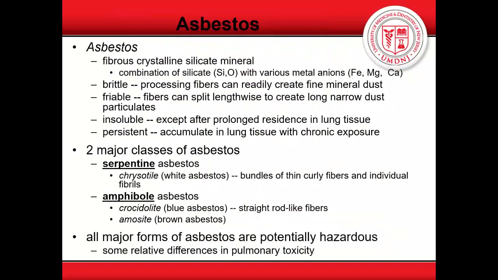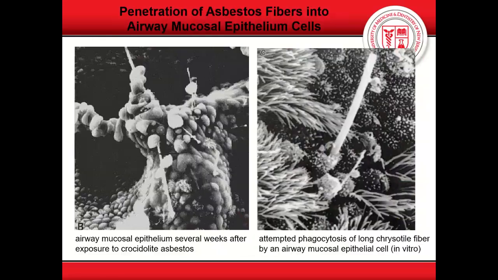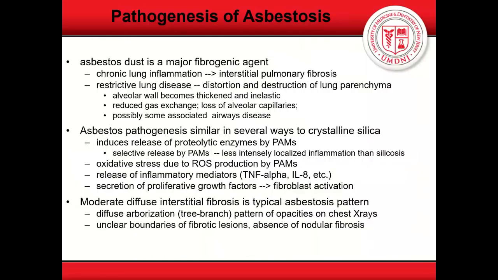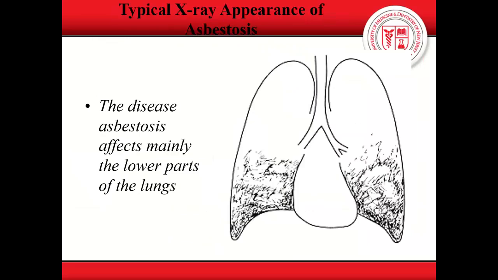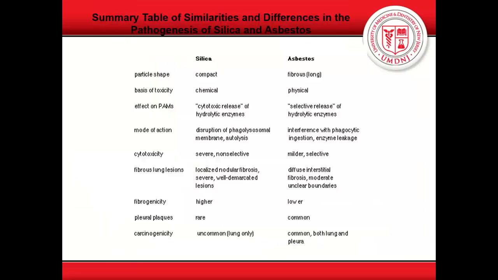Versus asbestos and the different classes of asbestos, and then the pathogenesis of asbestos, and then how, in a clinical setting, you observe the effects of asbestos in an X-ray.